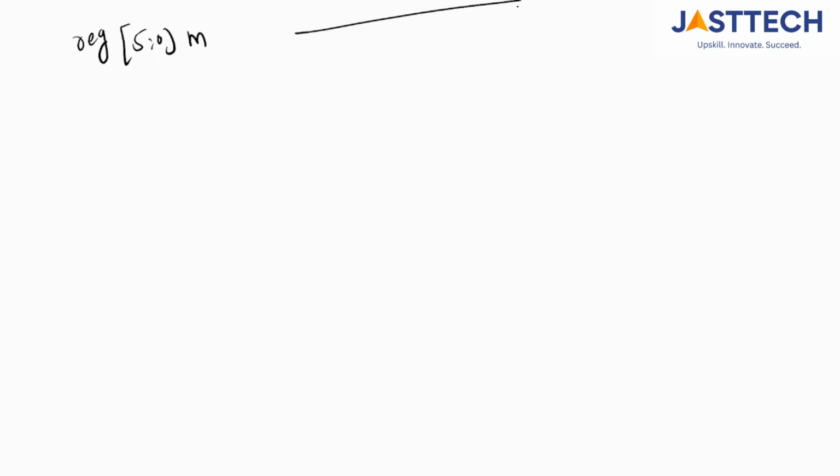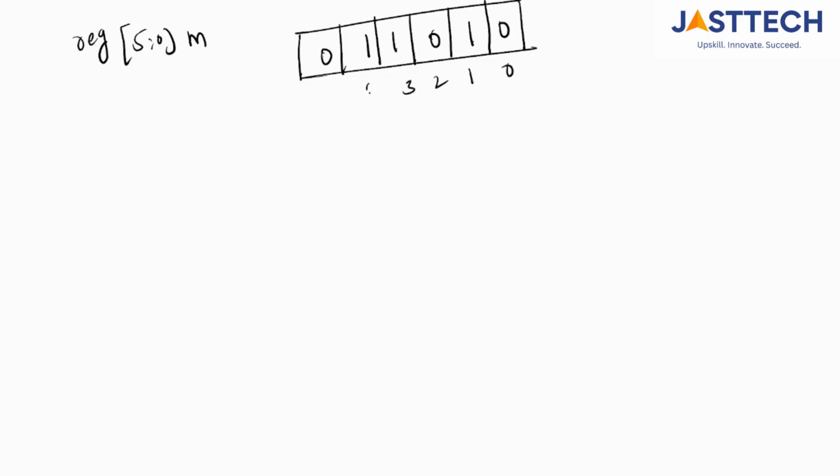In this I want to store a total of 6 values: 0 1 1 0 1 0. So the indexing is 0 1 2 3 4 5. Like this I can store. So m equal to 6'b011010, like this I can store.